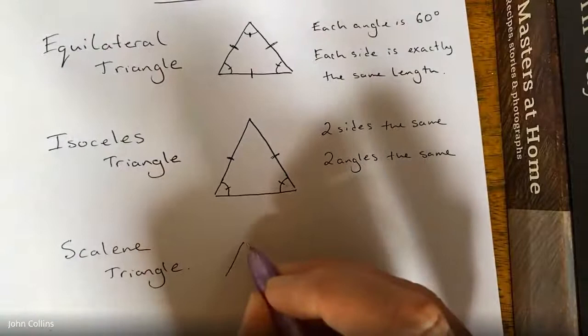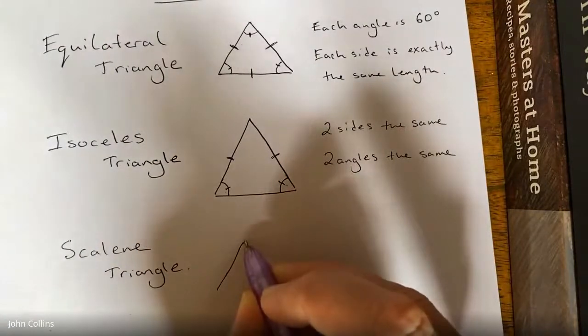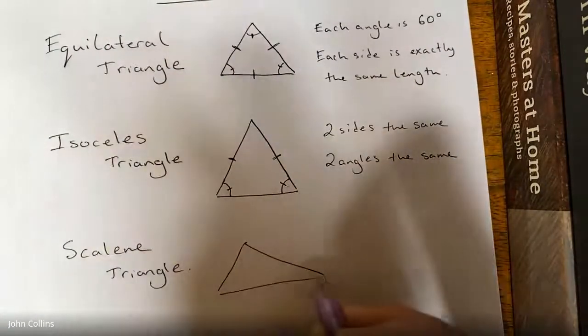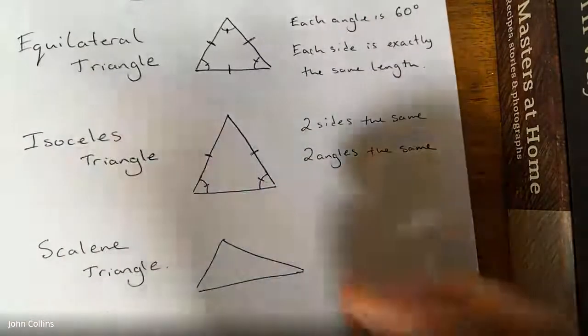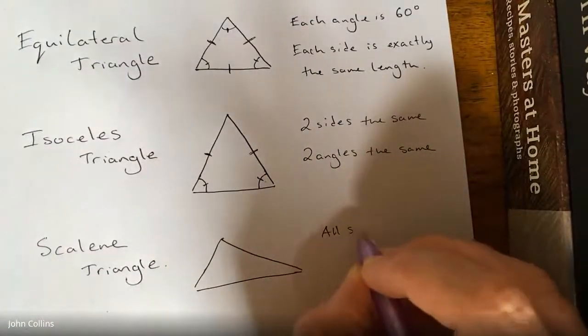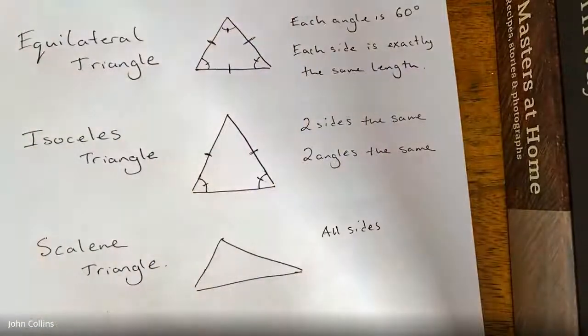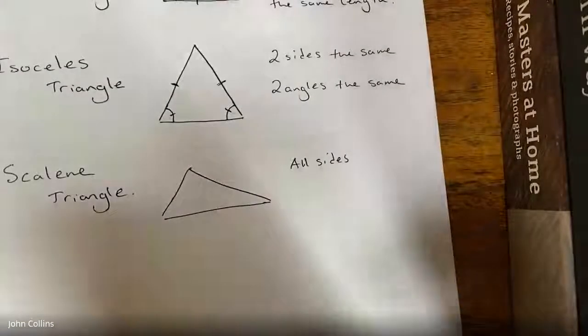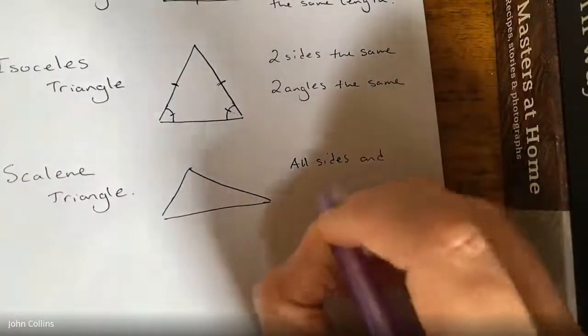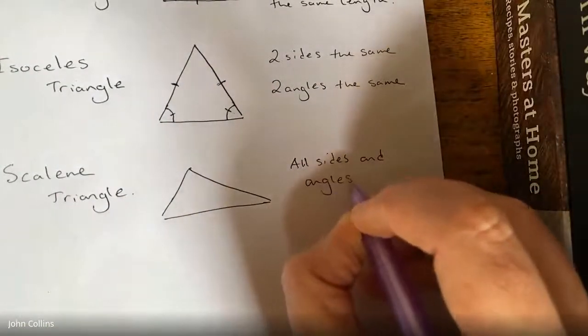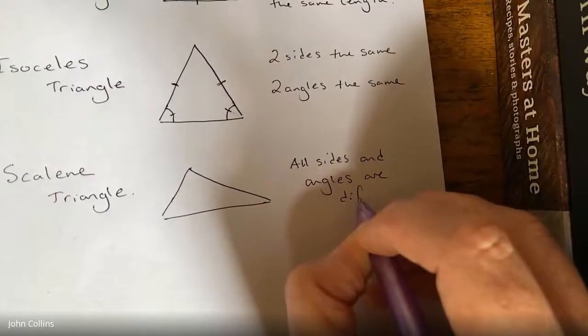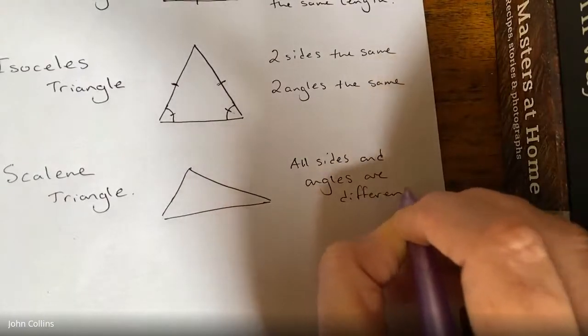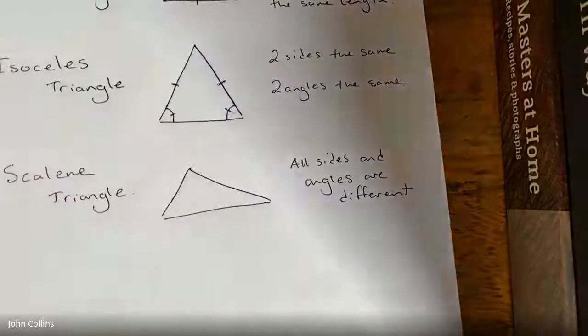And that is when we've got a triangle that has all different sides and all different angles. So nothing the same. This is the one that probably occurs most often. If you just draw any old triangle, you're going to end up probably with a scalene triangle. All sides and angles are different. And that's a scalene triangle.